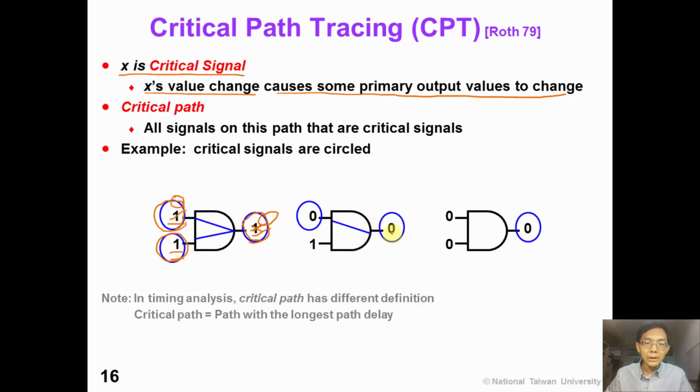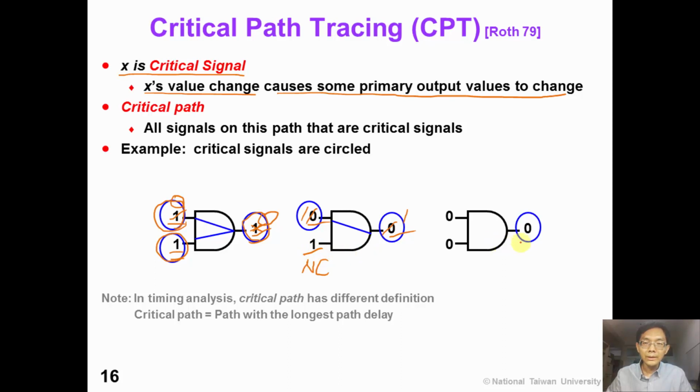For the second case, the primary output 0 is critical and the 0 gate input is critical. If this is flipped to 1, the output will be flipped to 1. However, the 1 gate input is non-critical. Since this is a non-controlling value, if we flip this 1, the output still remains 0. So this is not a critical signal.